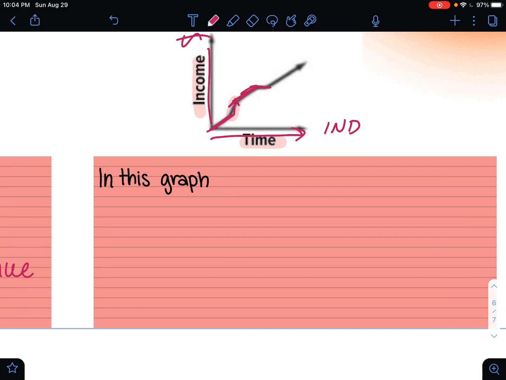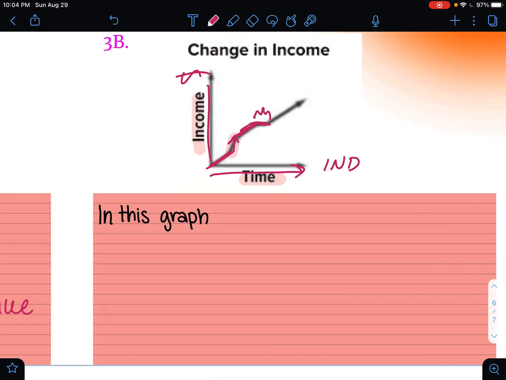And then there's a stop in income right here. That is just showing us that it's not steady. Something happened that made it different. But then you go back to being steady and on your regular trajectory.